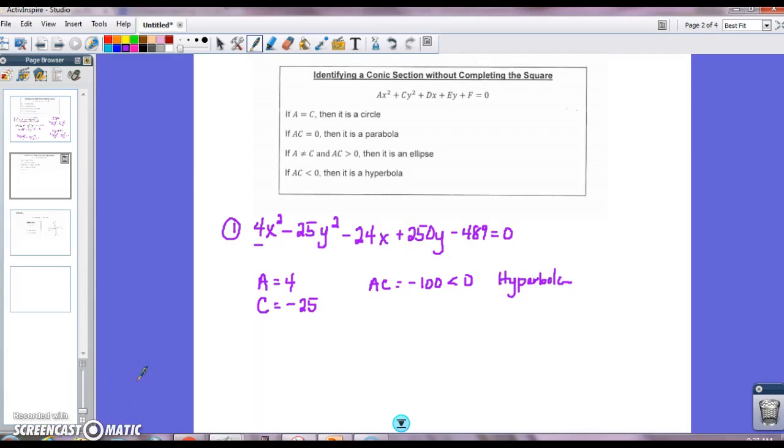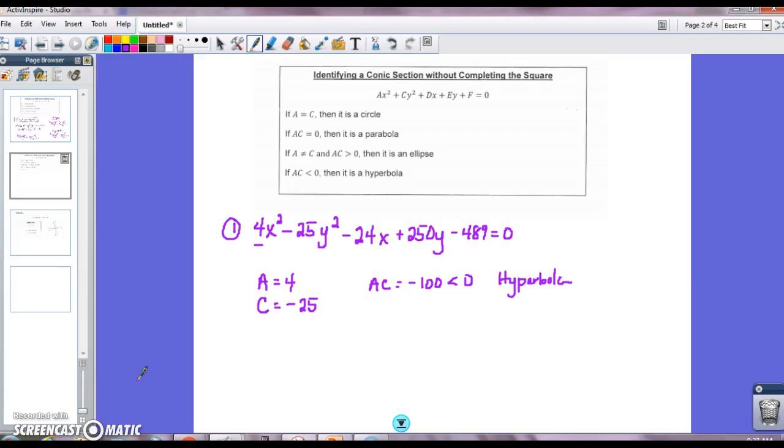Number 2 we just did, so I'm not going to go through that again. Number 3, if you just look at it, I'm not going to actually write it out, but if you look at number 3 that's on your sheet, you'll see that y is the only variable that's squared. There is no x squared, which means that A is 0, which means that A times C is 0, which means it's a parabola.